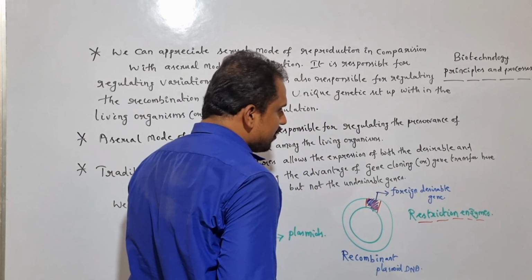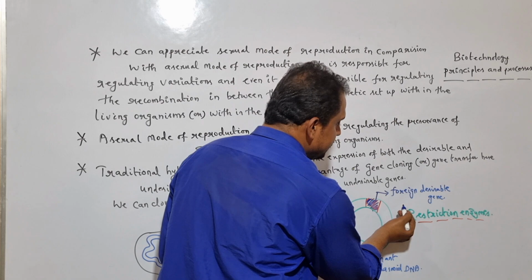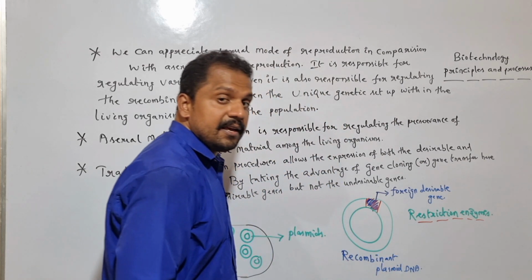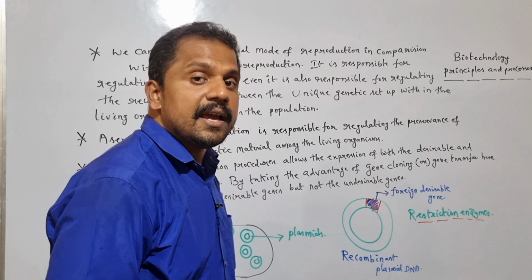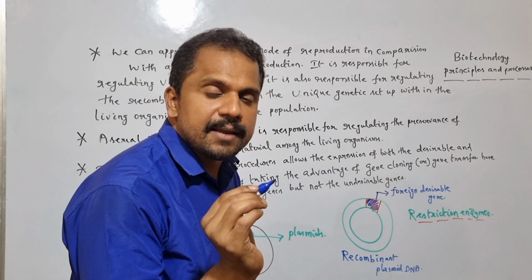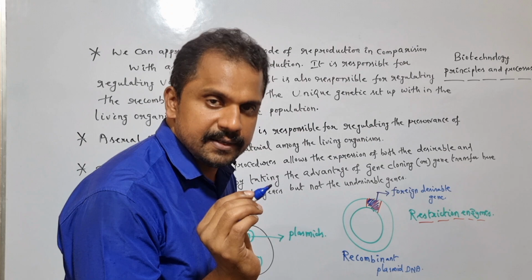So here, most commonly the foreign desirable gene has to integrate with the plasmid DNA at one particular site which is very near to a specific site termed as origin of replication. Is it clear?